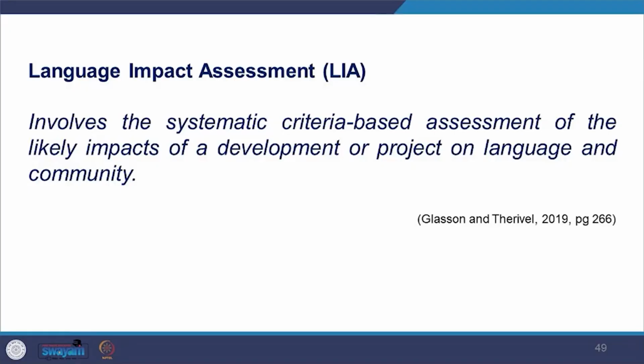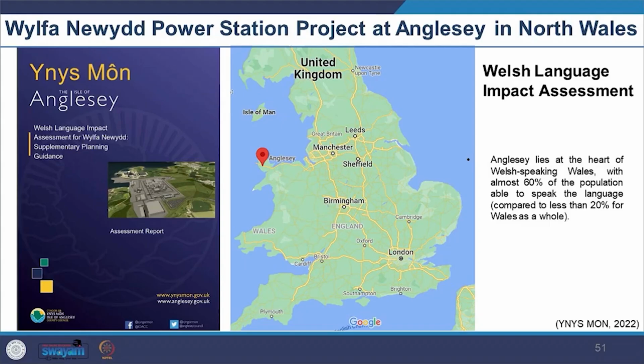So language impact assessment involves a very systematic, criteria-based assessment of the likely impact of a development or a project on the language and the community. So you can see the current example in relation to the proposed nuclear power station developed in Wales. One of the case examples shared with you is in Wylfa Newydd at Anglesey in North Wales.